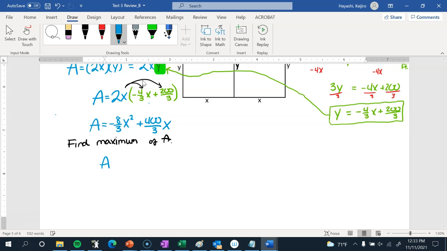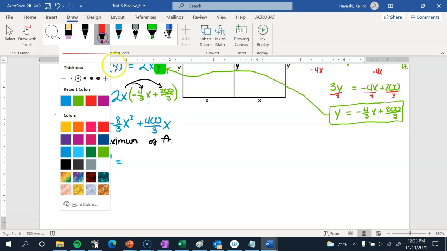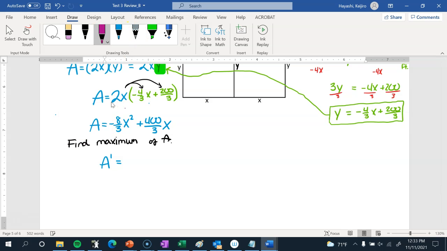So if we take the derivative, A prime, we can get there using the power rule. We'll take this power here, multiply it in the front, and then subtract 1. That'll give us negative 16/3 x, just x, because it used to be x squared and its power got reduced by 1.